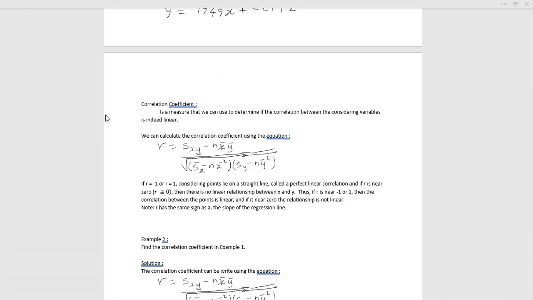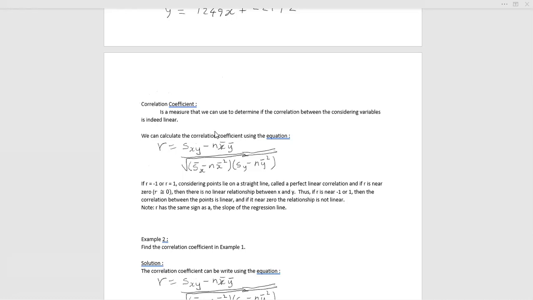Okay, understood? I repeat it. If R is close to -1 or +1, that means the given data set follows a linear regression. Maybe it is increasing or decreasing, anyway, it is linear. But if R is close to 0, the given data set does not follow a linear regression.